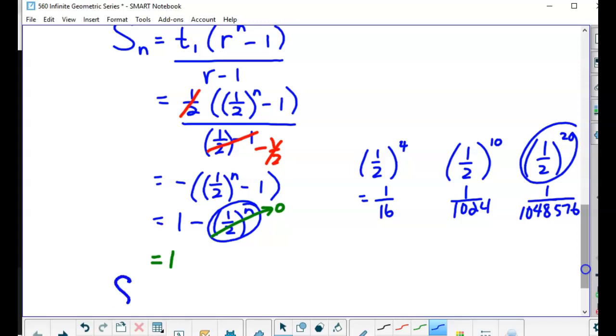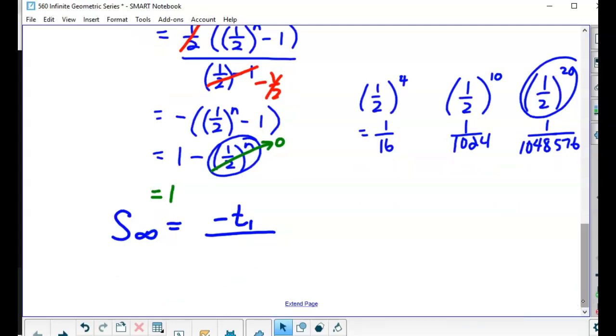So now if we do S infinity, it's going to be negative t1 over, so if I put that in here, this goes to 0. So I get t1 times negative 1 is negative t1 over r minus 1. That is the sum of an infinite geometric series. Now we usually show it like this, t1 over 1 minus r.